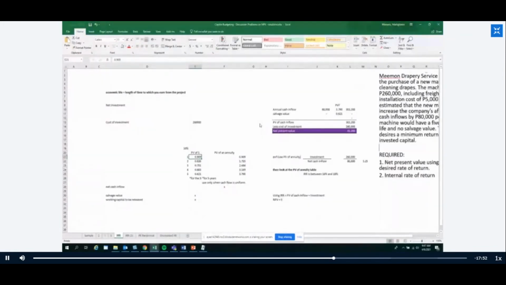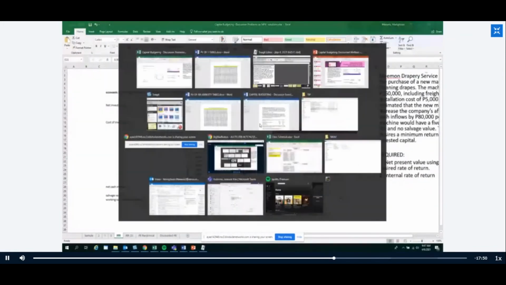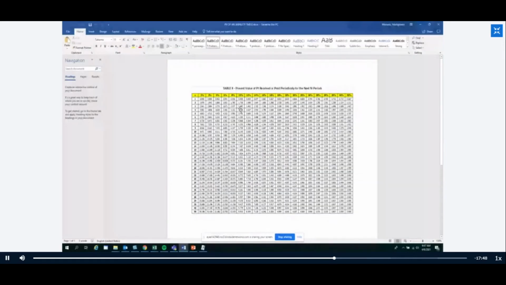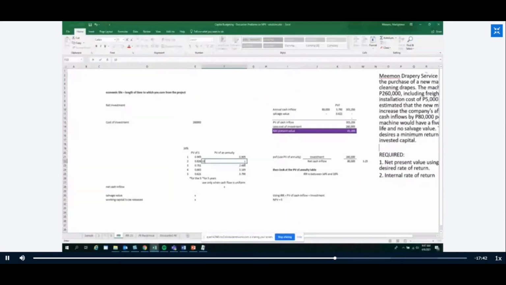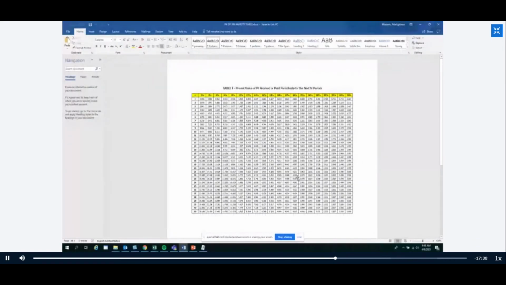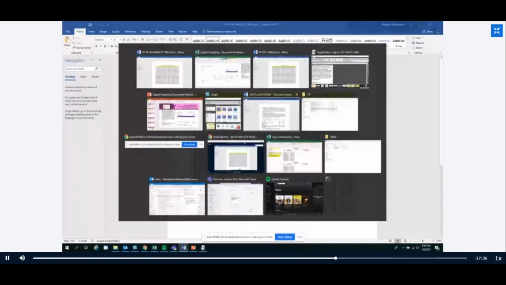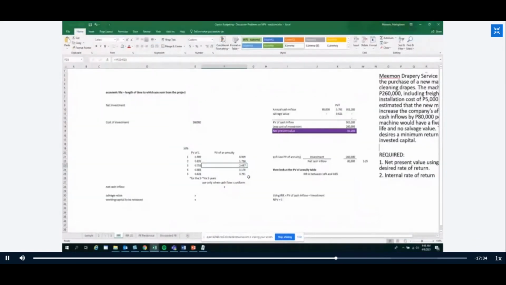And then, punta ulit ako dun sa isa naman, present value of an annuity of 1, 909, 1.736, 2.487, 3.170, okay, 3.791. So in this case, dahil uniform yung cash flow, we'll use 3.791, which is present value of an annuity, no?